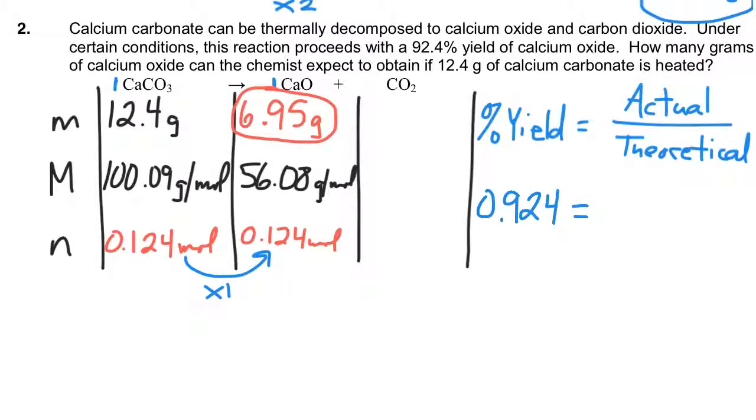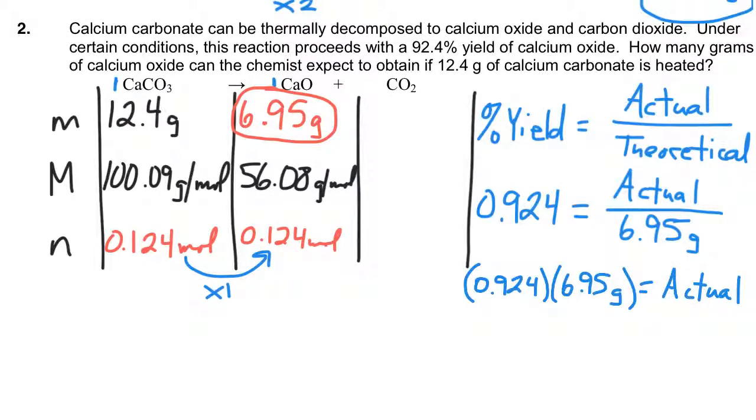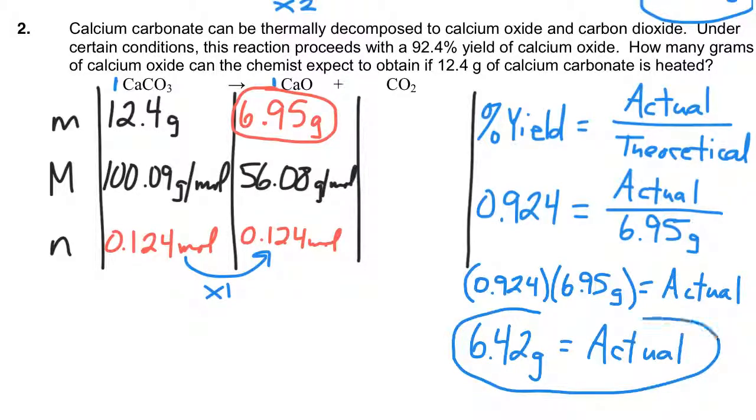My actual yield is what I don't know, so I'm just going to leave that. But my theoretical yield, I calculated to be 6.95 grams. Now we have to do a little bit of algebra here. To solve for the actual yield, I need to multiply 0.924 times 6.95 grams. Plug that into my calculator, and I will get an actual yield of 6.42 grams.